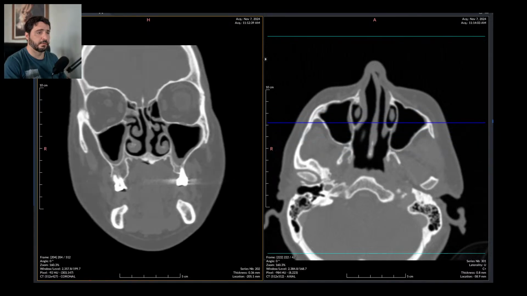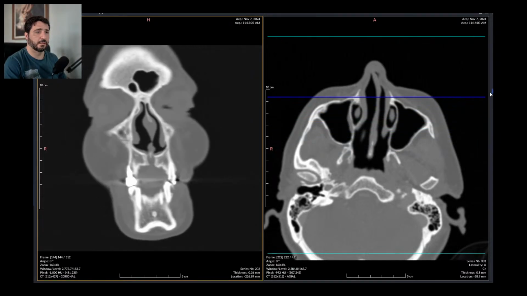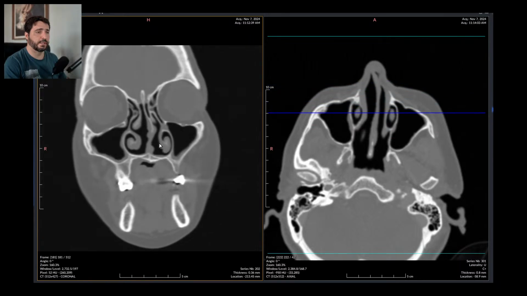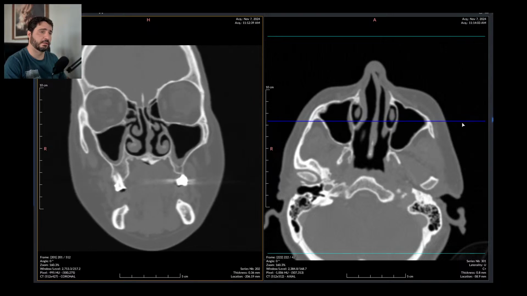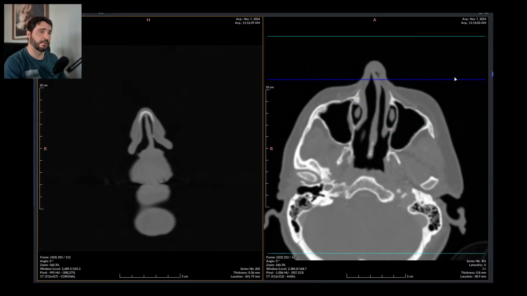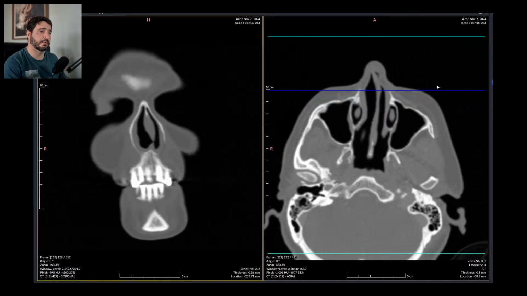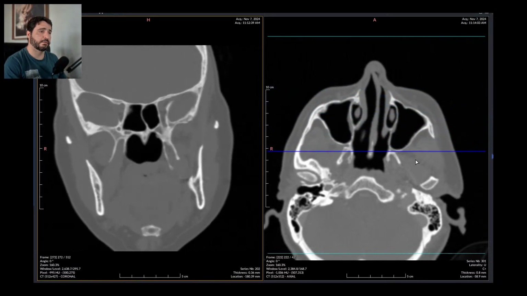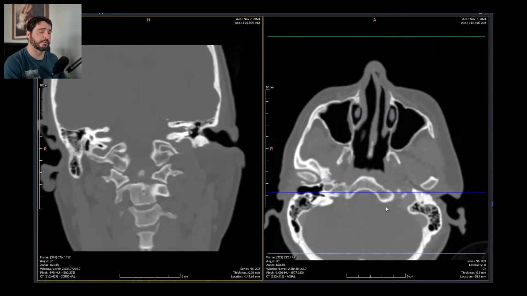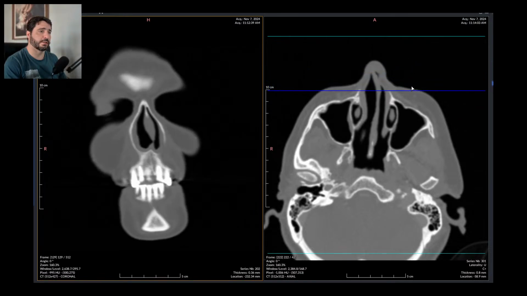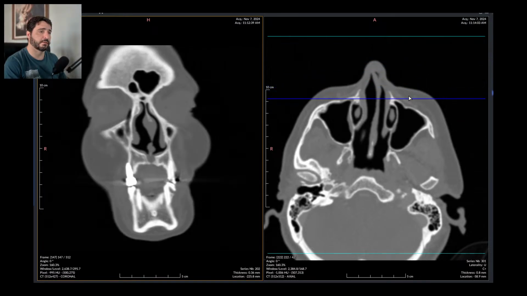Indeed. The concha are also fine. Usually nasal tumors are inside the nasal cavities, usually on the middle meatus, but in this case I can't really tell any signs of surgical procedure whatsoever. Maybe it was a skin lesion and the patient calls it a nose cancer. I don't know.